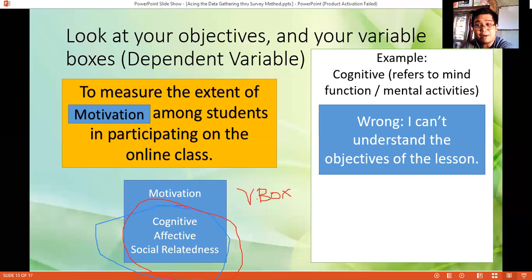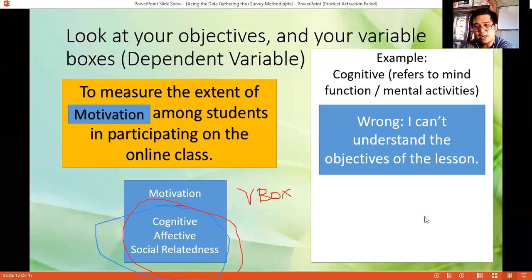It should not be biased. That means the statement you give should be neutral. Because if the statement is negative and you also have a very negative response, that will be a double negative statement. Okay? So, as much as possible, be neutral.